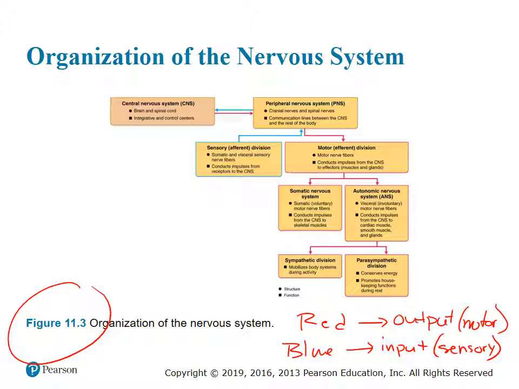Both of which fall under the peripheral nervous system, both of which are part of that, right? It's just where is it at? Now you'll notice that the blue doesn't go that far. There's not much to the blue. Pretty simple, in fact, sensory.